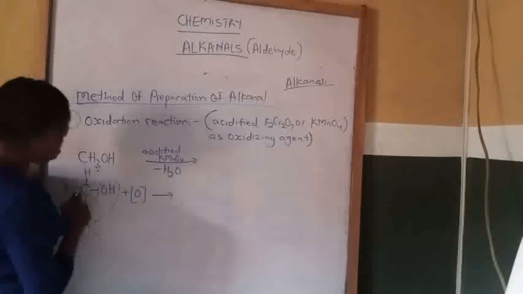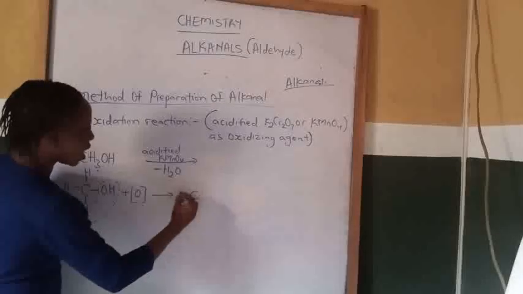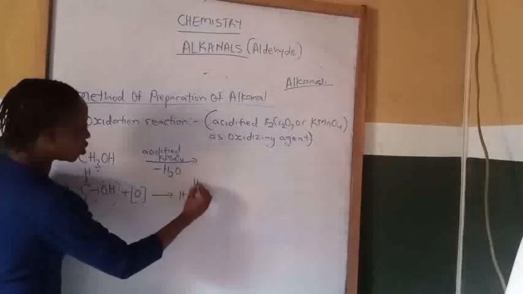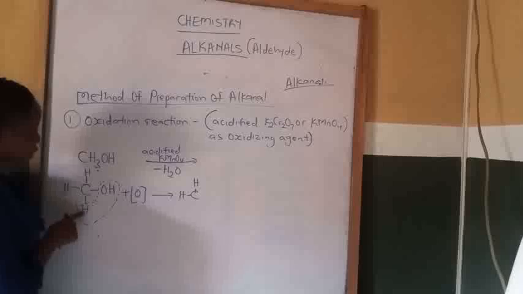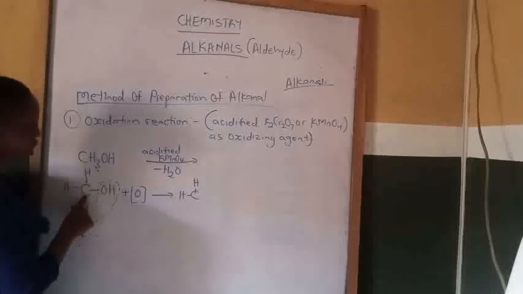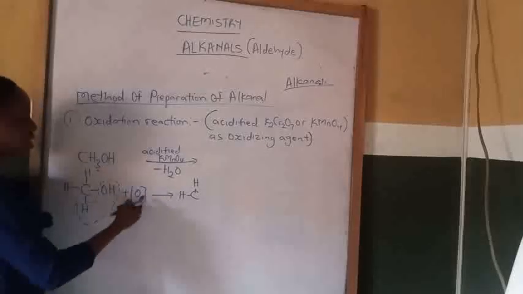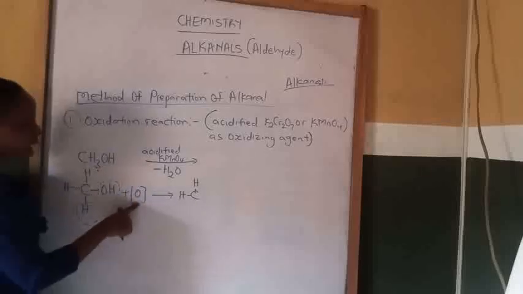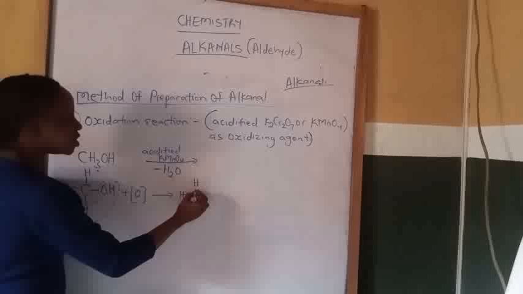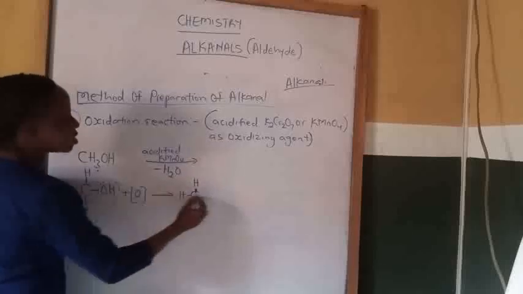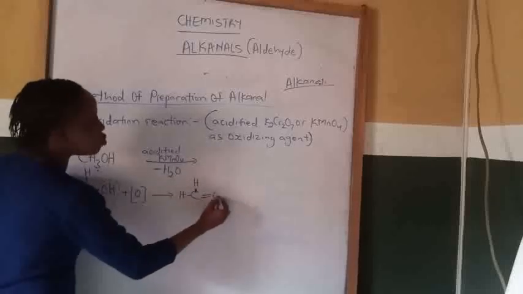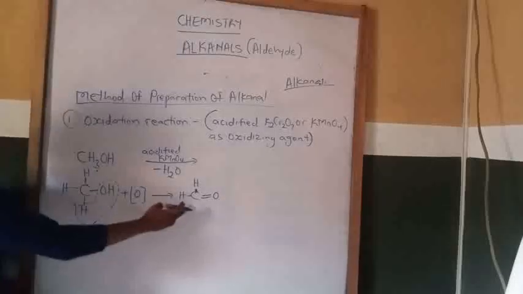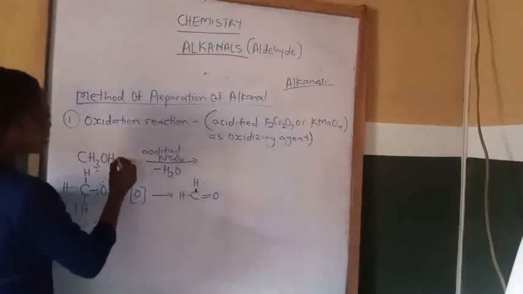I will be left with C, hydrogen, and another hydrogen atom, because I've removed this hydrogen and OH. Then the oxygen from your oxidizing agent comes in. Don't forget that oxygen will go with a double bond.